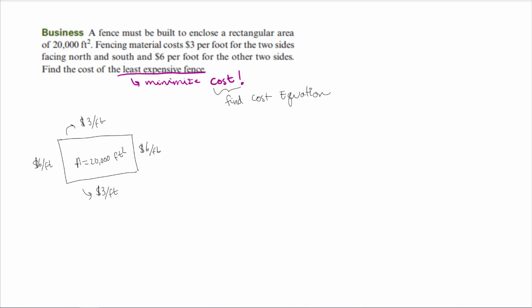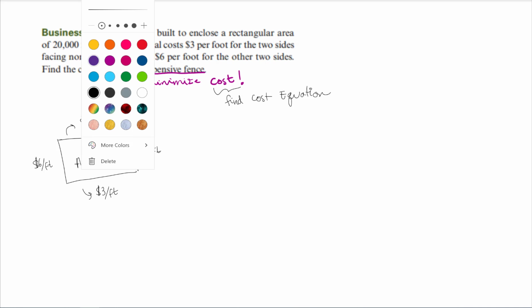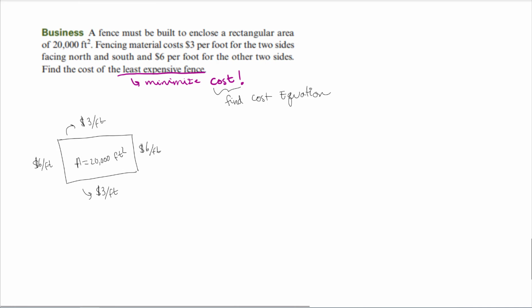Okay, so we need some variables here because I need to be able to write the cost equation. So let's call the length x and the width y. Let me make another picture with just the variables, x and y.